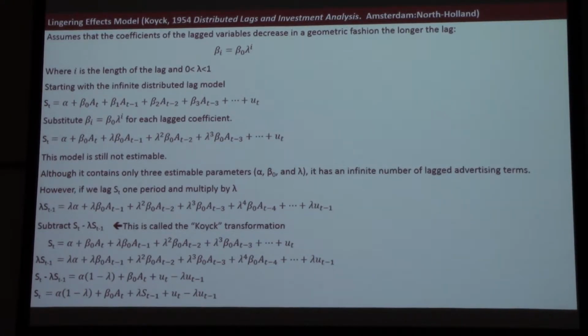so let's write this out. Serial correlation exists when we have u_t equals lambda u_t minus 1 plus e_t.